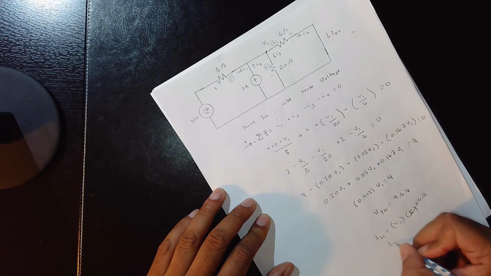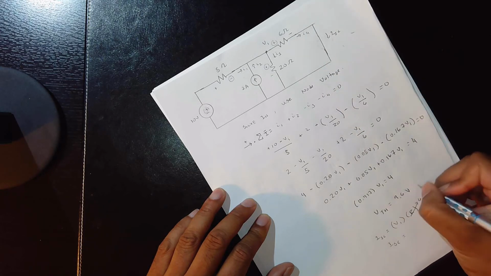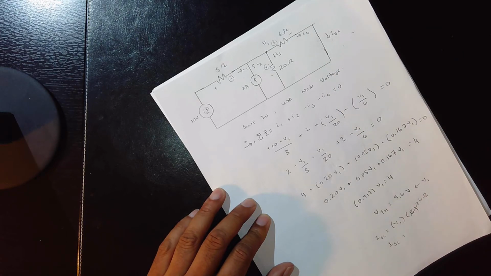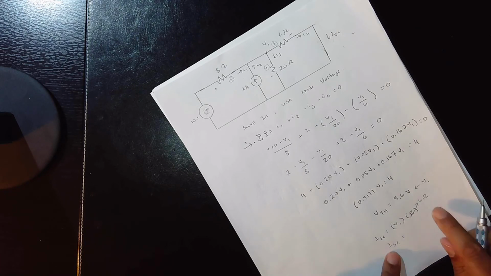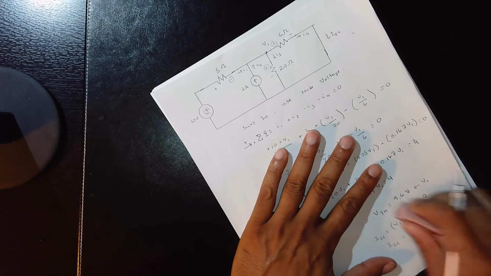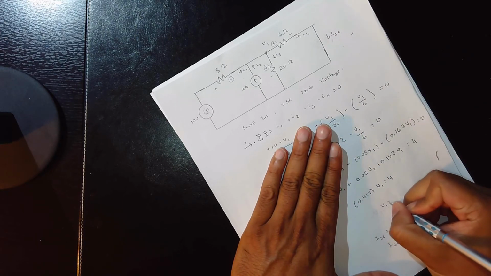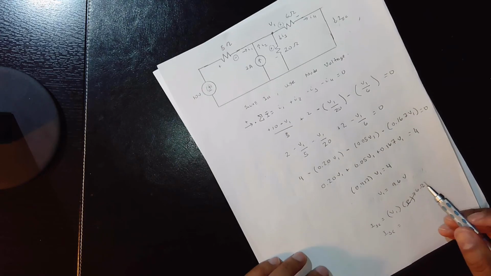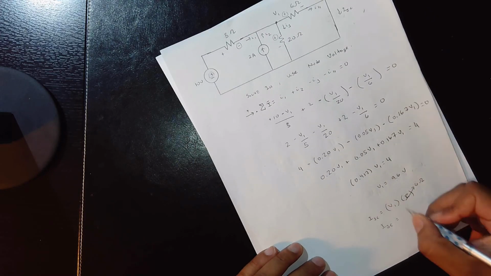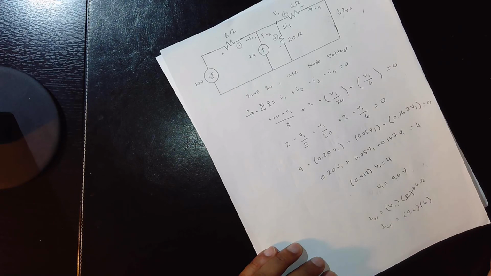So I of SC is going to be our V1, which we calculated earlier. No, it's not V sub Thevenin, I apologize. V1 is 9.6 volts. And from here you have 9.6 times 6, which gives you a value of a current.